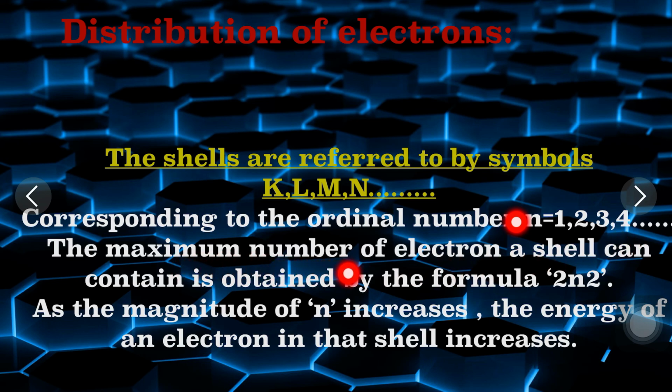The maximum number of electrons a shell can contain is obtained by the formula 2n squared. As the magnitude of n increases, the energy of an electron in that shell increases.